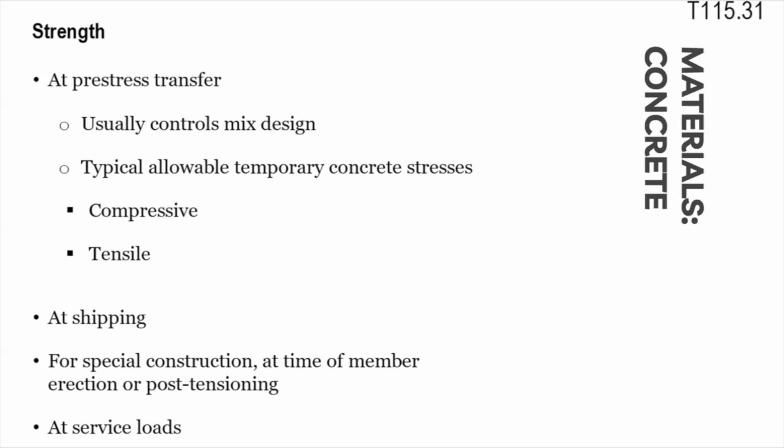Typically, allowable stresses in the concrete during pre-stress transfer are set at 65% of the F'ci for compression, and limited to 0.0948 square root F'ci for tension in areas without bonded tendons or reinforcement, not to exceed 0.2 ksi.